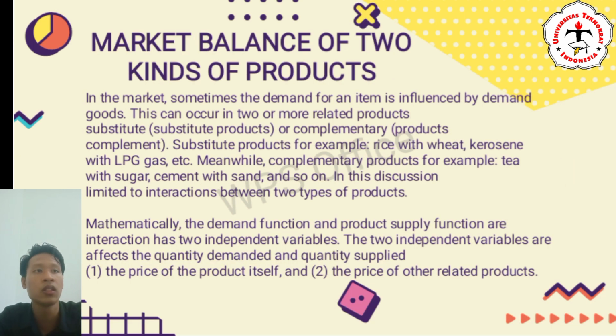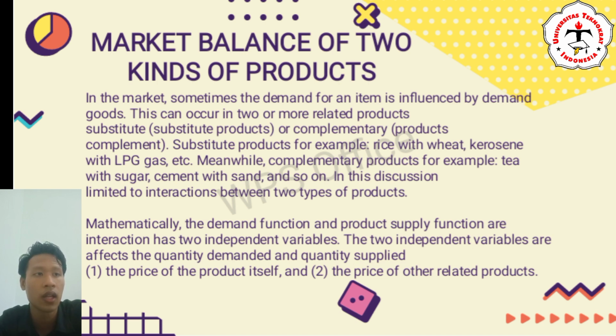Market balance of two kinds of product. In the market, sometimes the demand for an item is influenced by the demand for another good. This can occur in two or more related products, substitute or complementary. Substitute products are, for example, rice with wheat, kerosene with LPG gas, and others. Meanwhile, complementary products are, for example, tea with sugar, cement with sand, and so on.